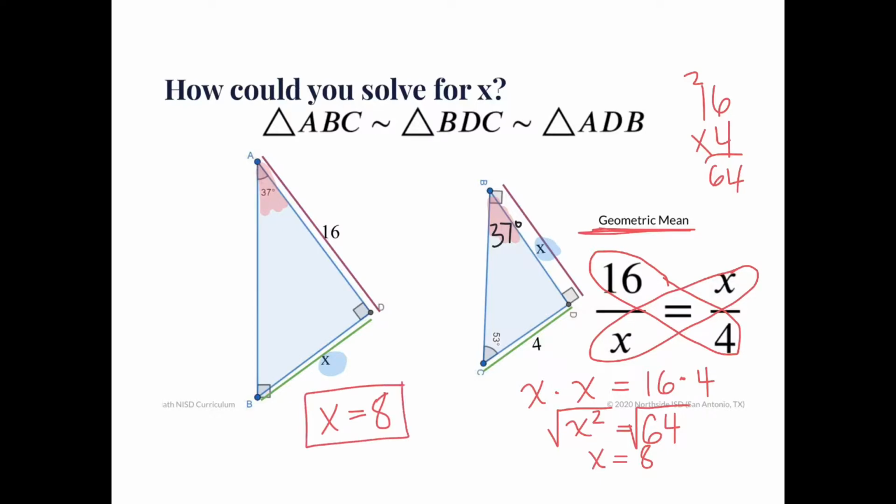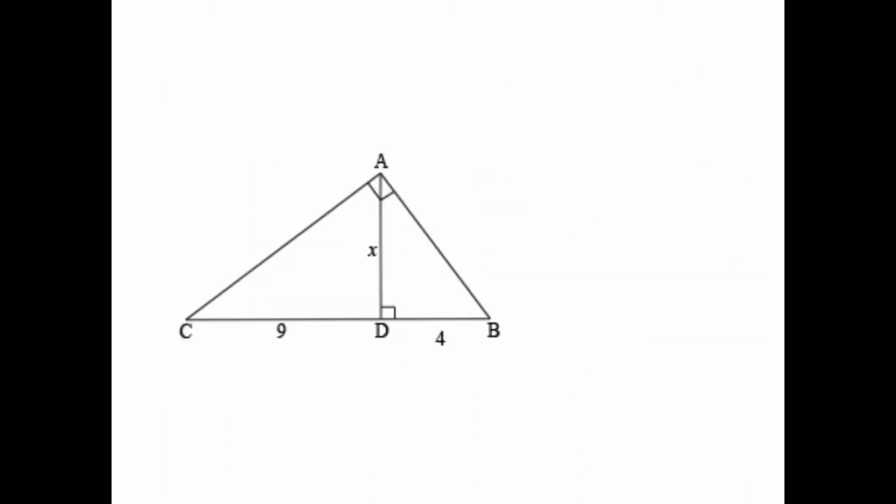And it just so happens that 8 is on both of my triangles. So that's how we go through the process of solving the geometric mean. We're multiplying because we have x times x, and then we're also going to take the square root of the value. Let's look at some more examples.